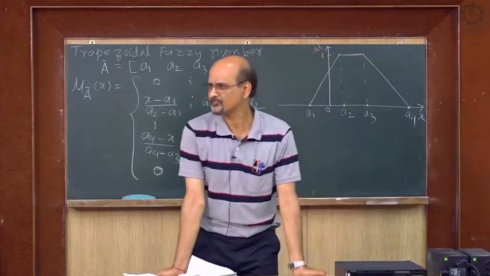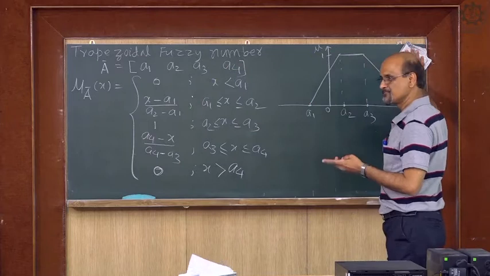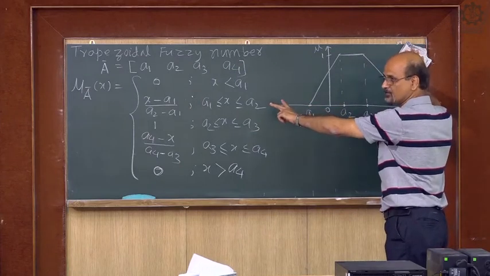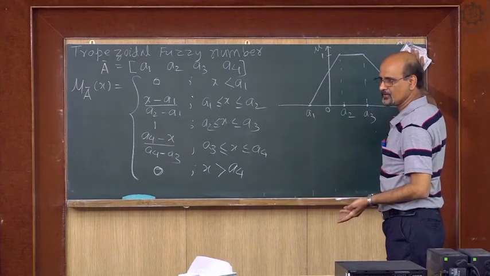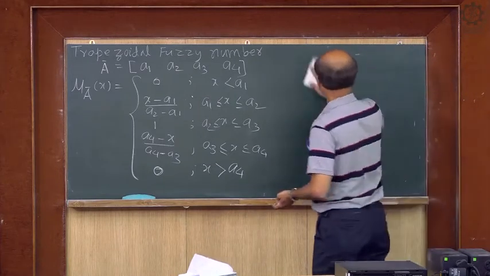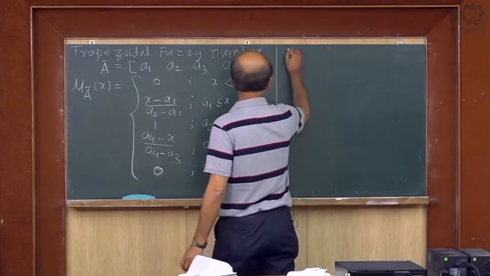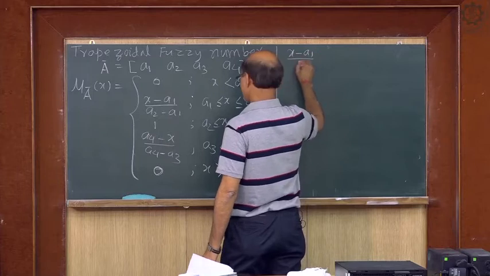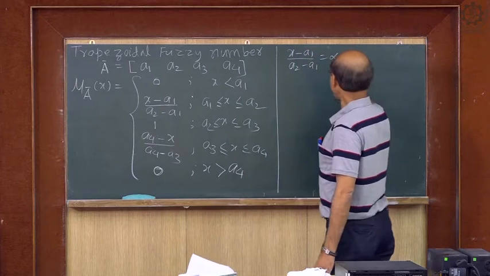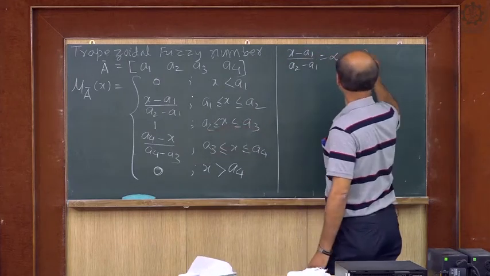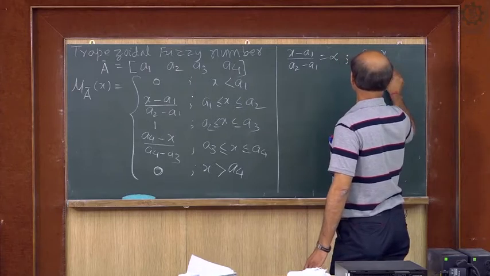Same triangular fuzzy number. In the same way I can write this fuzzy number in terms of interval as we did for TFN. Let us write that. If you remember, we took x minus A1 by A2 minus A1 as alpha, and A4 minus x by A4 minus A3 is equal to alpha.